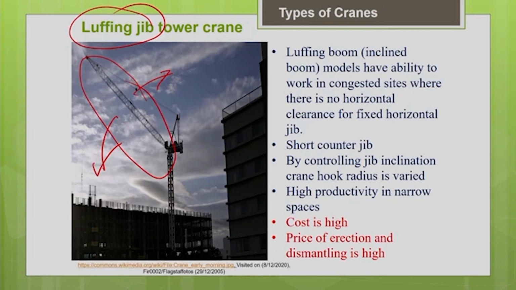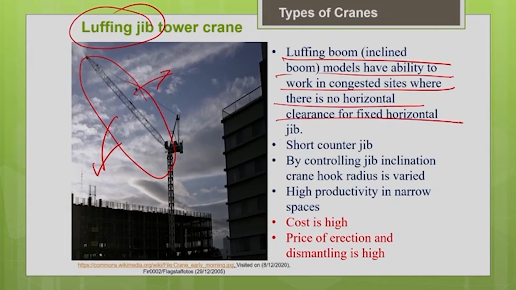So, when do we need this crane? Basically, when you are working in congested spaces, near an already existing building or nearby structure, where the fixed boom won't have sufficient space to move about. When there is a restriction in the space availability, then we have to go for the luffing boom. Luffing boom or inclined boom models have the ability to work in congested sites where there is no horizontal clearance for the fixed horizontal jib.